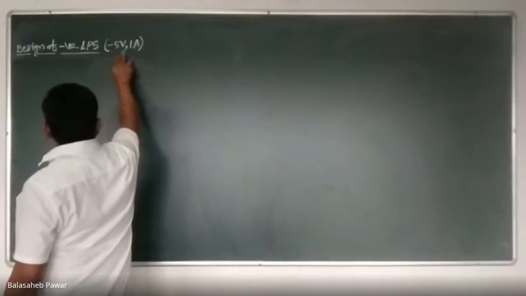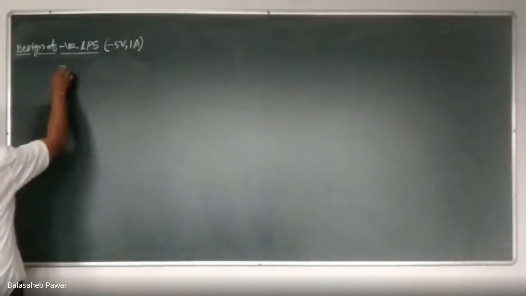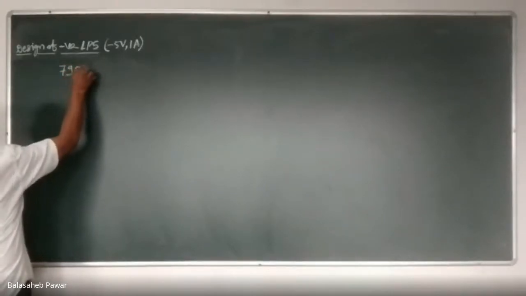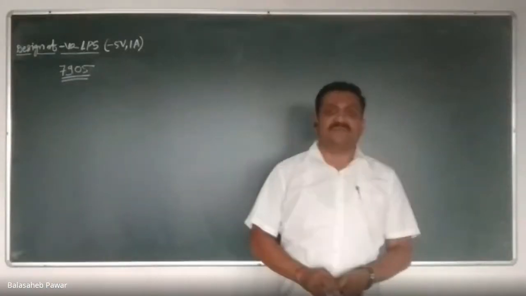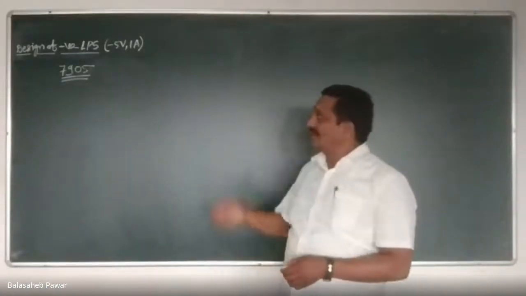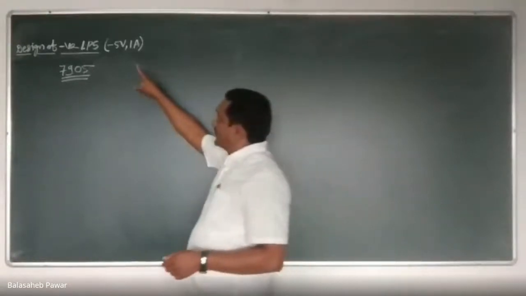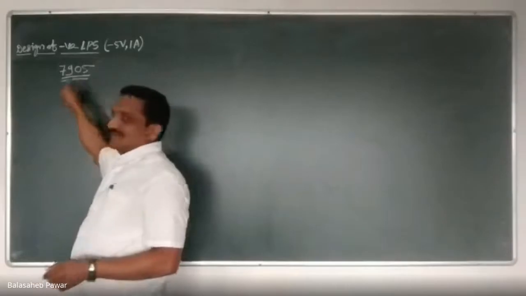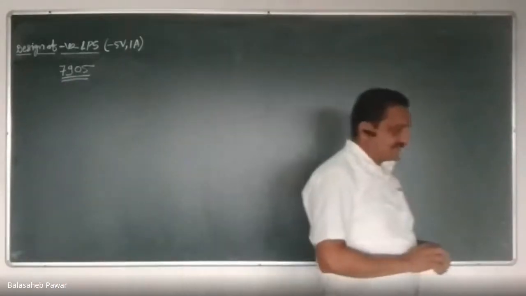So if we want the output as minus 5 volt, we have to prefer the 7905 3-terminal IC regulator. Whenever you require plus 5 volt, you use 7805. Whenever you require negative 5 volt, you have to use the 7905 IC regulator.